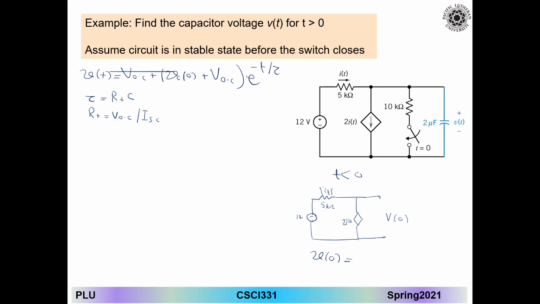You want to get the V open circuit. How much is this? I mean V0. Eric? I'm getting 6, but I think that's wrong. Okay, how did we get 6, based on what?